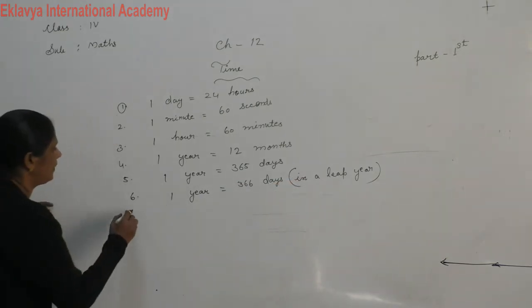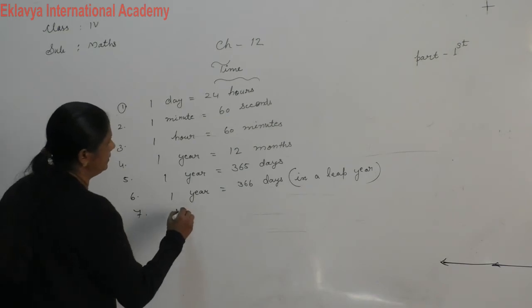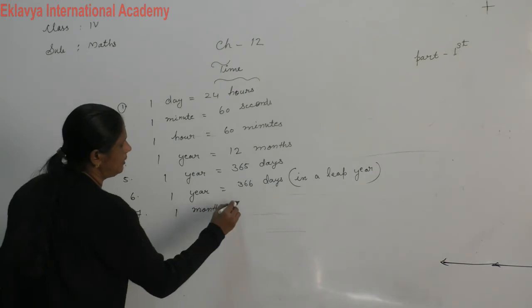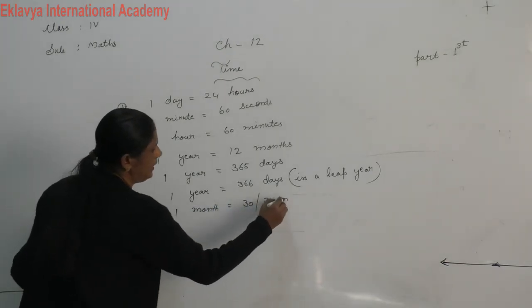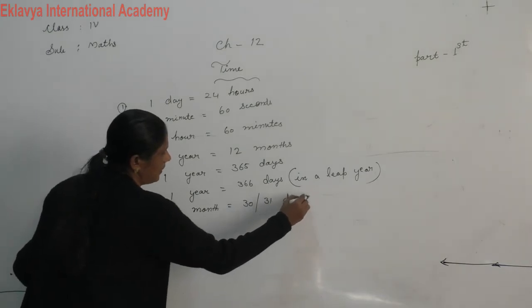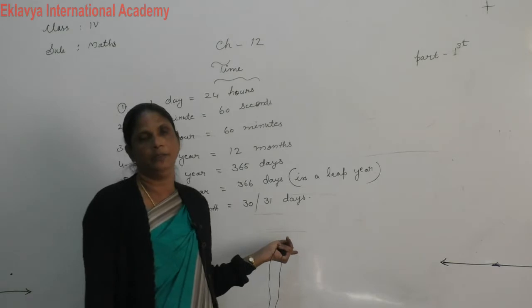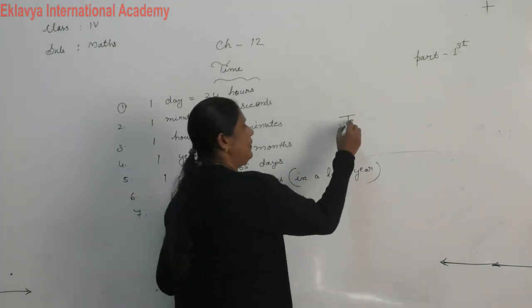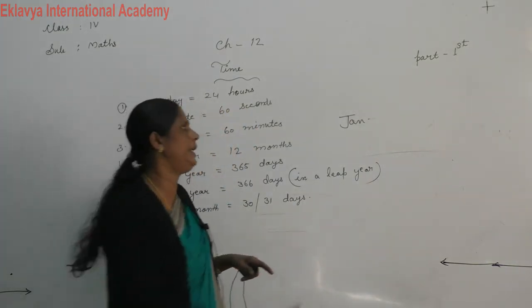Then 1 month is equal to 30 or 31 days. According to the month given, suppose you are given January. How many days in January? 31 days.